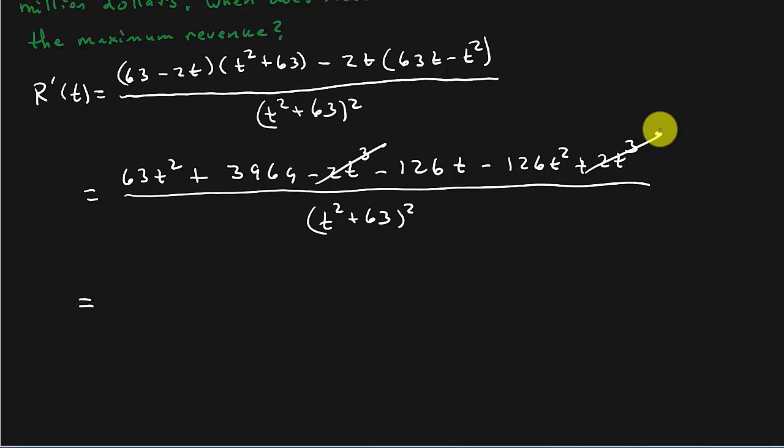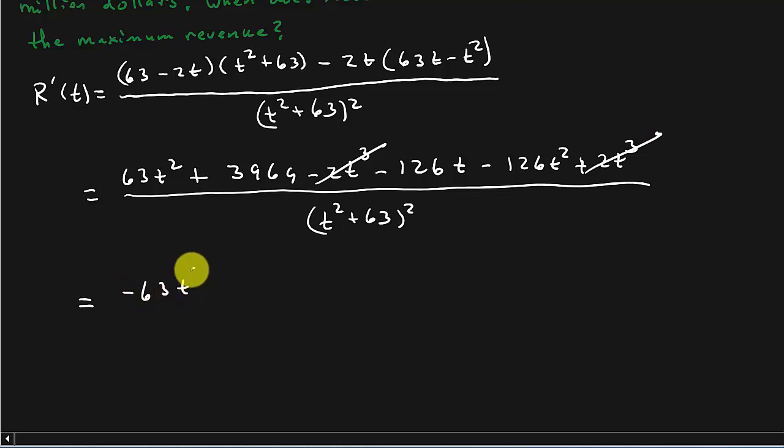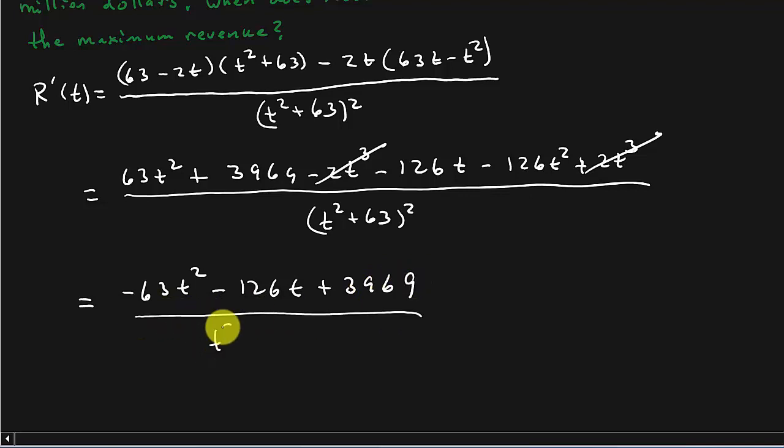And so now we've got 63 minus 126, that's going to be negative 63t squared minus 126t plus 3969, over t squared plus 63 squared. All right, boy, wasn't that fun.